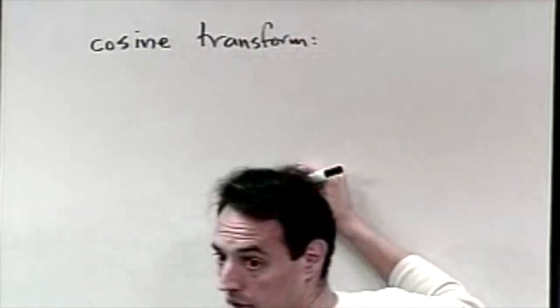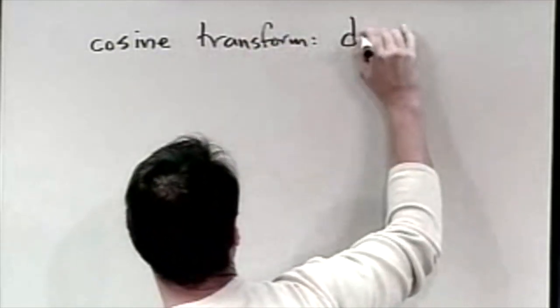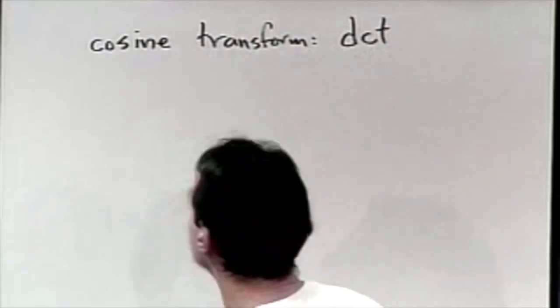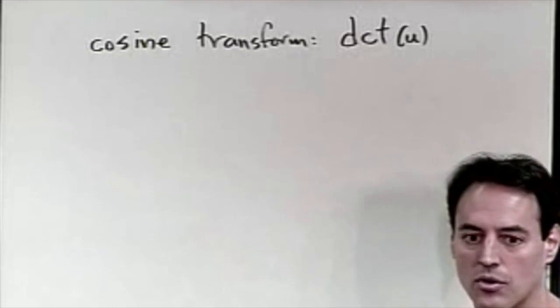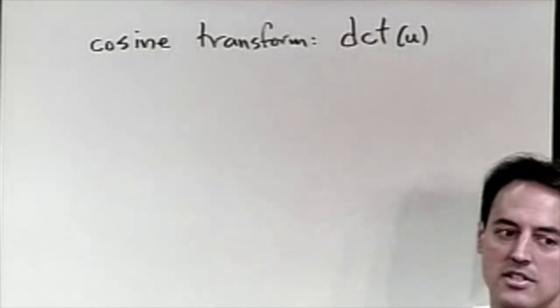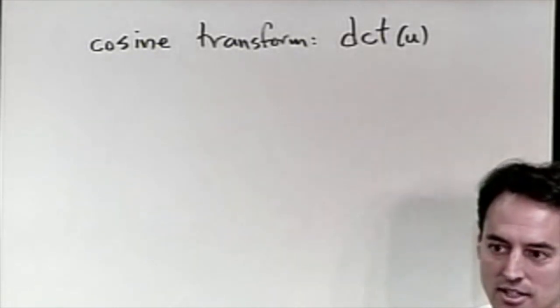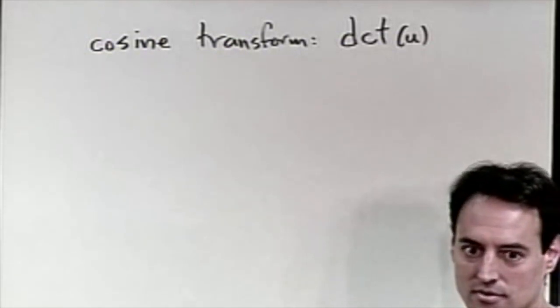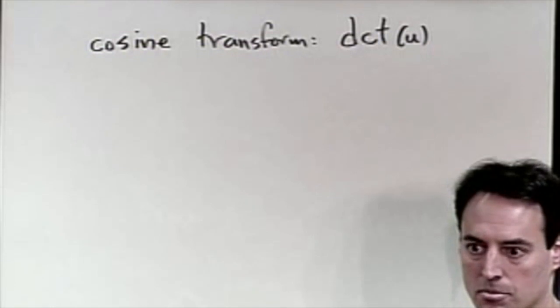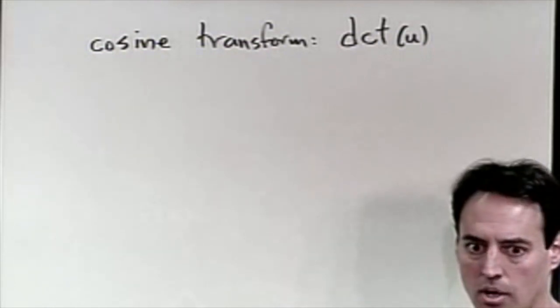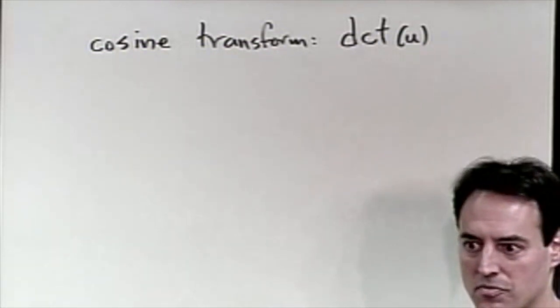which, by the way, in MATLAB is dct of some vector, discrete cosine transform. It used to be that dct used to be in your standard package. It's no longer there. It's part of one of the toolboxes, I believe, the optimization or signal processing. So they've shipped it off.